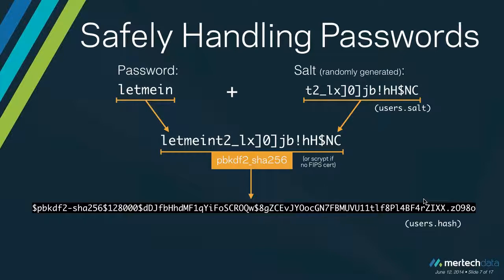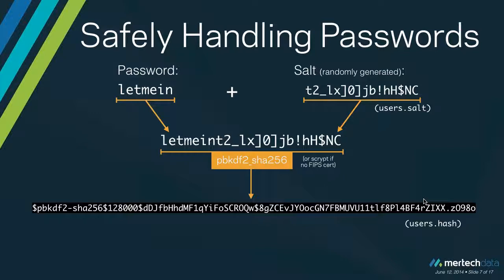The idea behind a hash is that we take a value, run an algorithm on it, and it spits out something that cannot be reversed back to the password. It's a one-way algorithm that generates a certain size of hash, in this case a 256-bit hash, and this password will always hash to the same value.